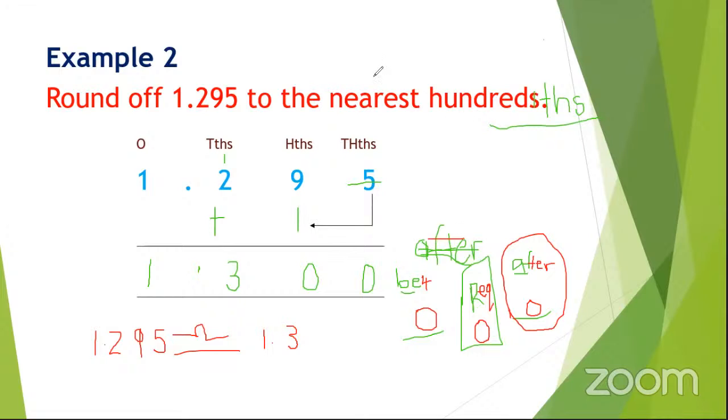Someone to respond very fast. They are saying do not write. Do not write zeros after the required place value.